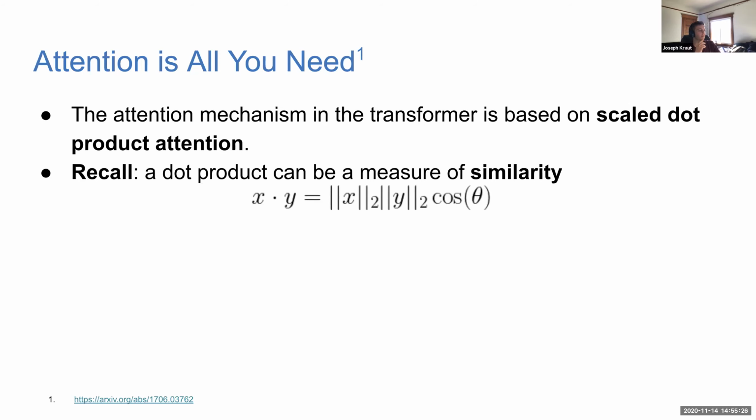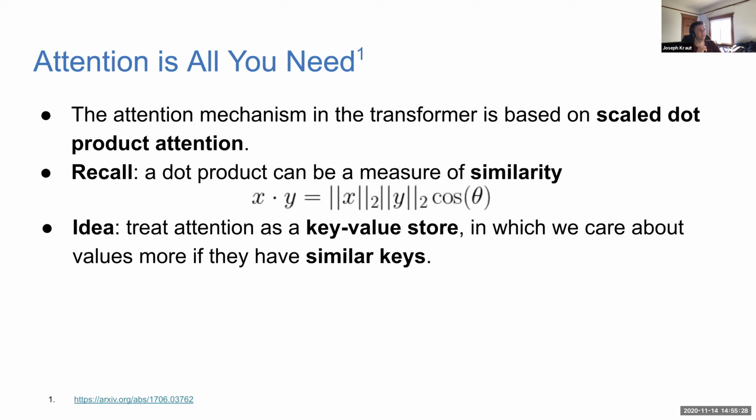Okay, so the idea behind scaled dot product attention is to treat attention as a key value store. If you haven't seen a key value store before, think of it as a hash map. I think everyone's probably seen hash maps, or I hope so. If not, they essentially take a key and map it to a value, like a dictionary in Python.